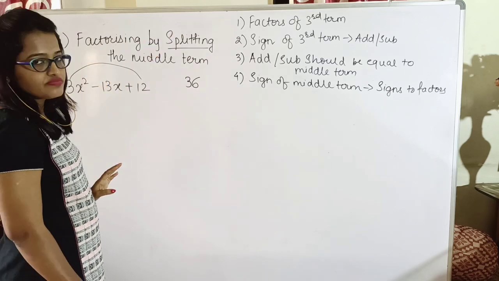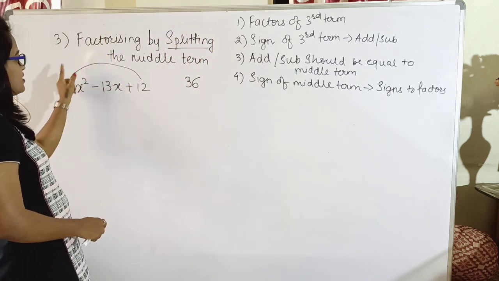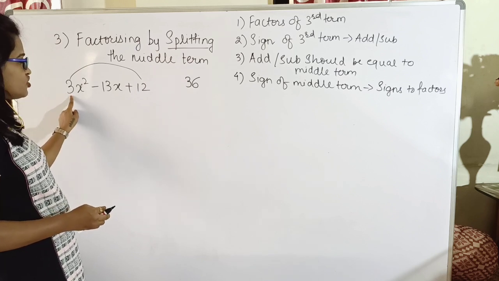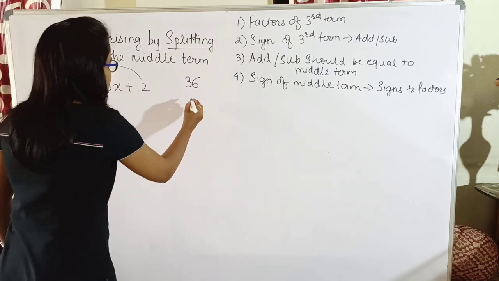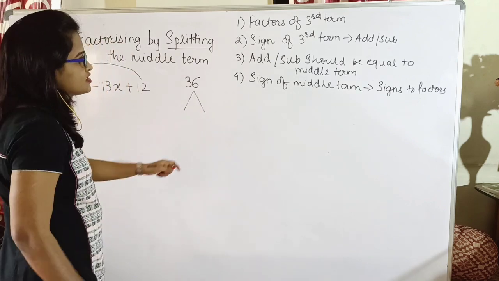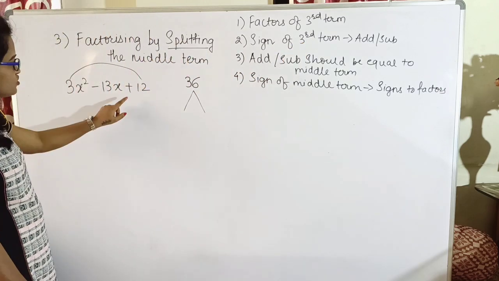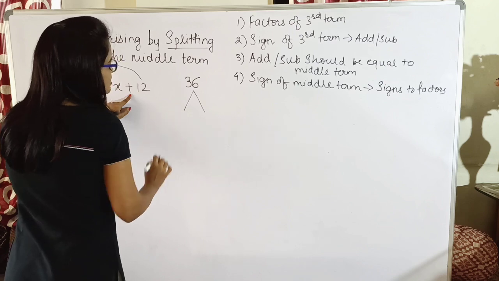So let us go by our steps. Factors of the third term. Here the third term would be the multiplication of a into c, the coefficient of x square and the third term, which gives me 12 threes are 36. Factors of 36. The sign of the third term tells you whether you have to add or subtract. Since the sign of the third term is plus, I will be adding the two terms.